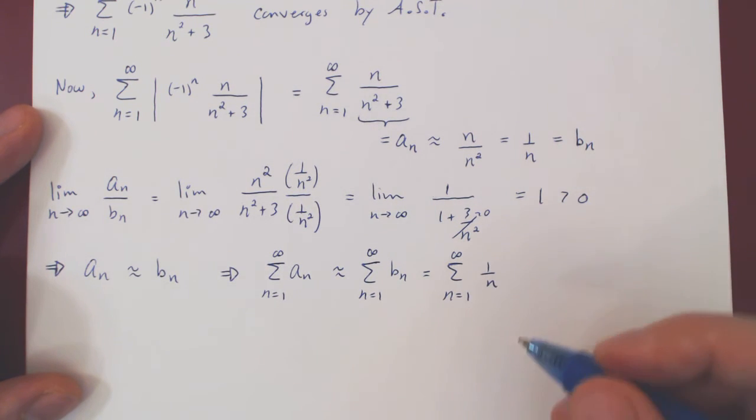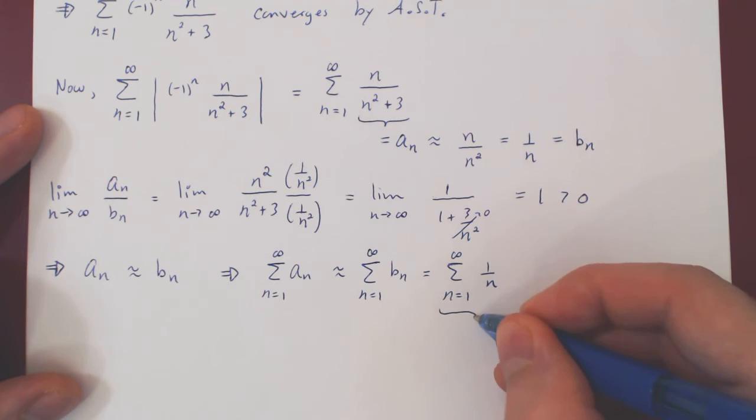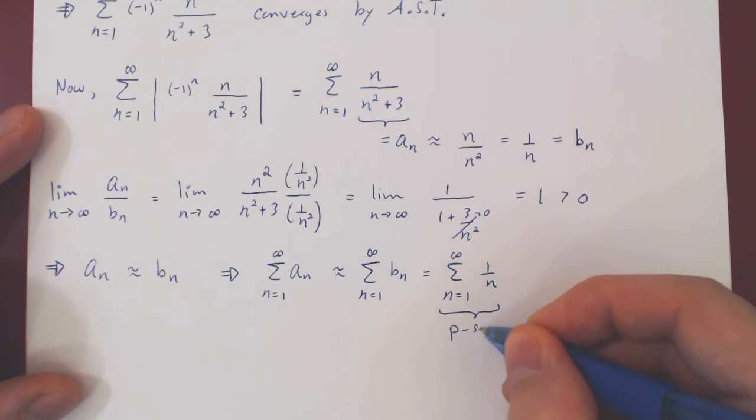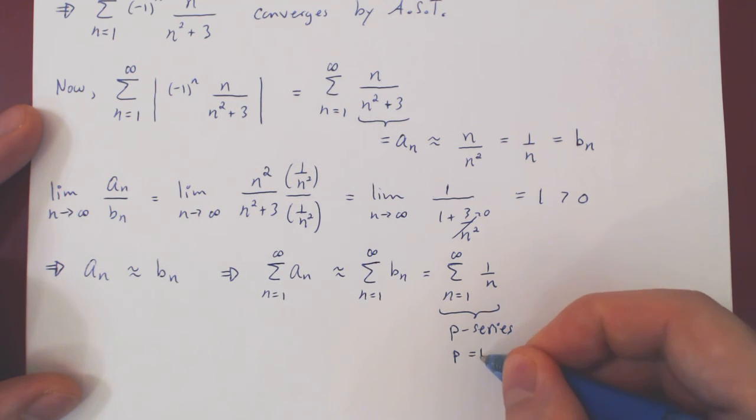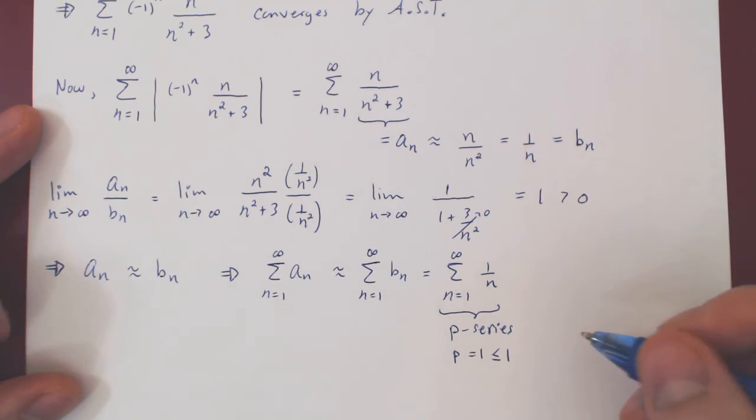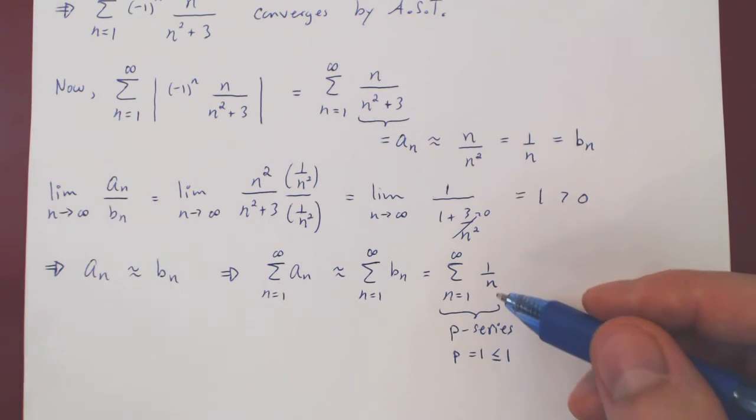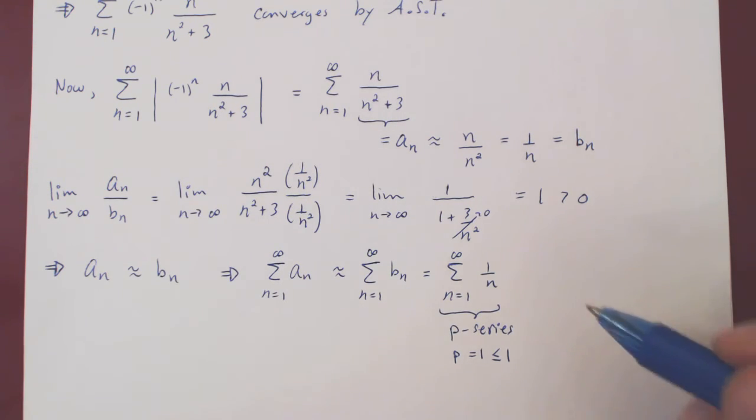And as we've said previously, this is now a simple p-series, where p is 1, which is less than or equal to 1. And a p-series only converges if p is strictly larger than 1.